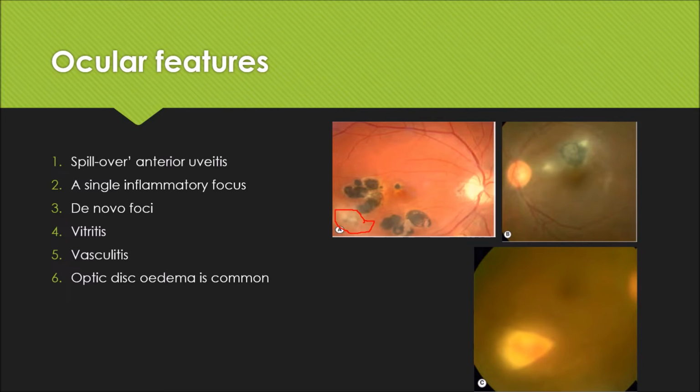Then de novo foci, not associated with an old scar and multiple lesions, are relatively uncommon in the immunocompetent, but occur more frequently in the immunocompromised, as seen here. This is the scar, and there are those normal foci, the white ones.